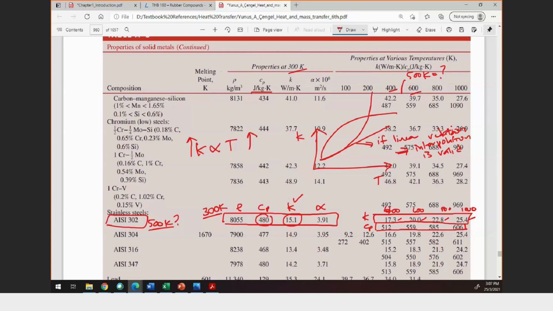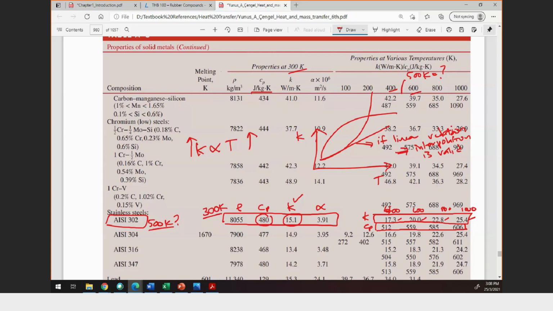If you look at this graph, it is a linear relation, so interpolation is suitable to find the value at a specific temperature. Meaning if you want to find a specific property at a specific temperature, one way to do it is by using interpolation.